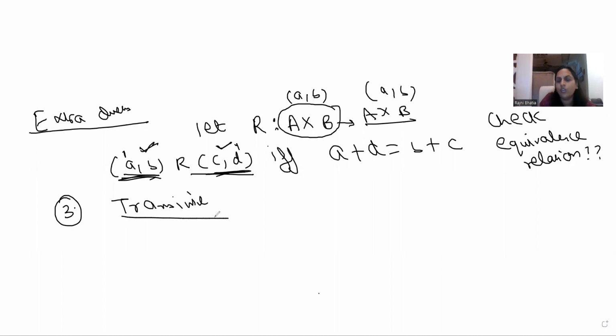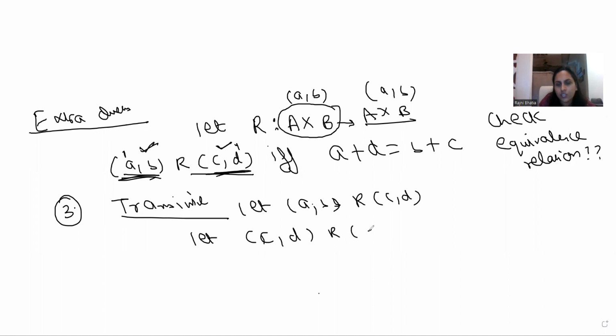So for transitive, what do we show? X comma Y, Y comma Z belongs to R. We need to prove X comma Z belongs to R. So we will write, let AB be related to CD. Let CD be related to EF. And what do we need to prove? We need to prove that AB is related to EF.